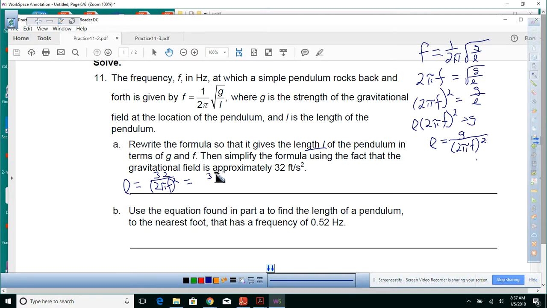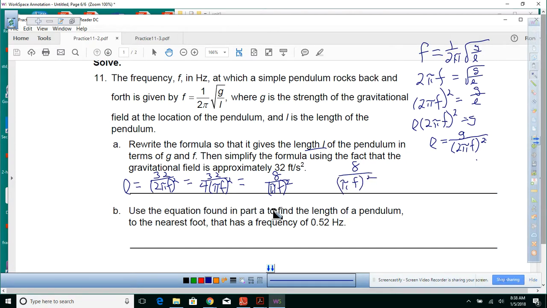So I got 32 over, and then 2 squared is 4 times pi f squared. So 2 squared was 4. That's what I did there. And then those cancel out, and I get 8 over pi f squared. So there's our formula. Let me write that. 8 over pi f squared.